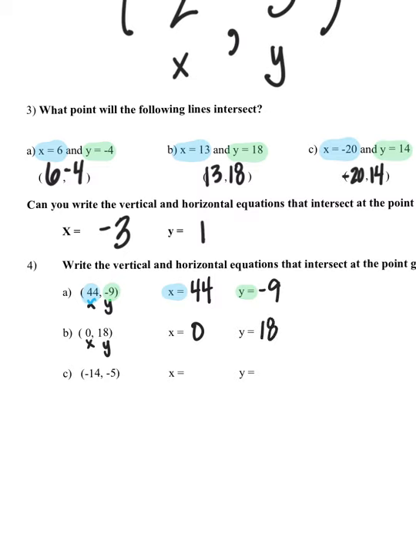And then the last one, negative 14, negative 5: x equals -14 and y equals -5.